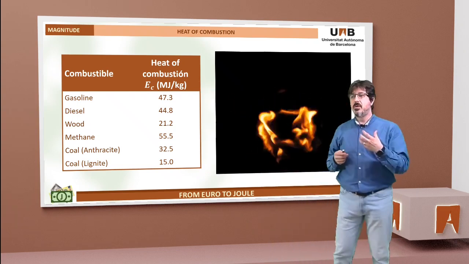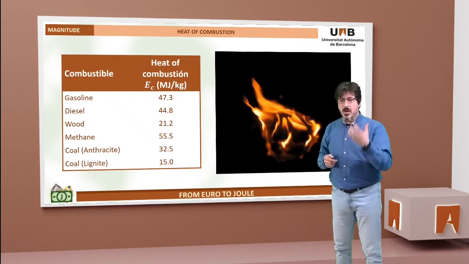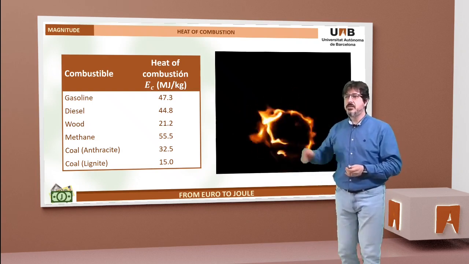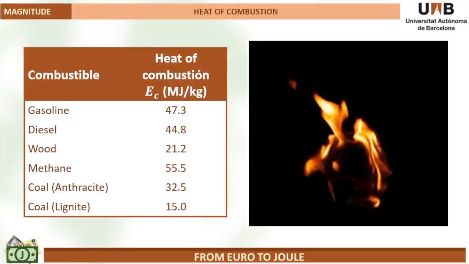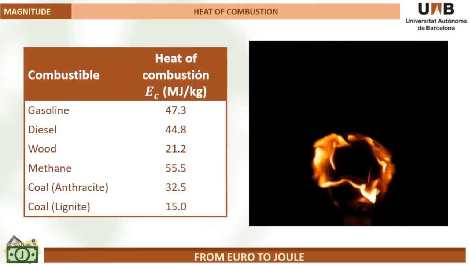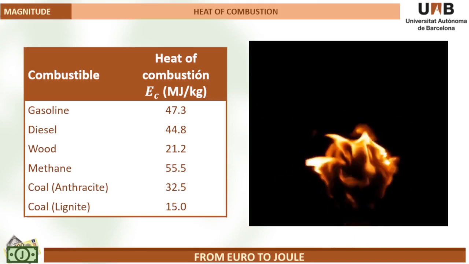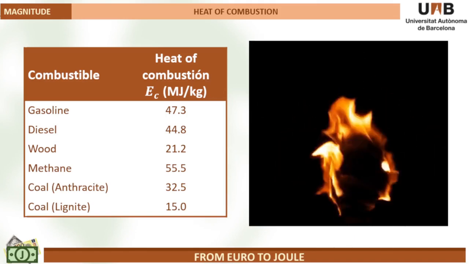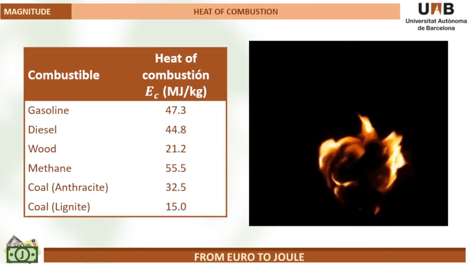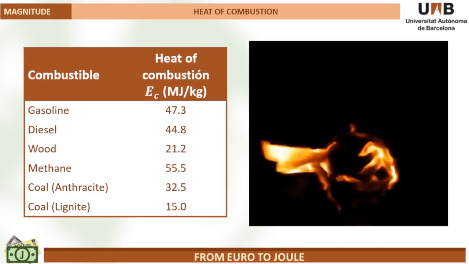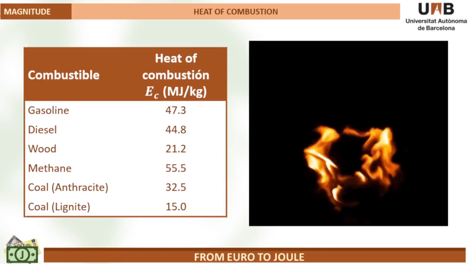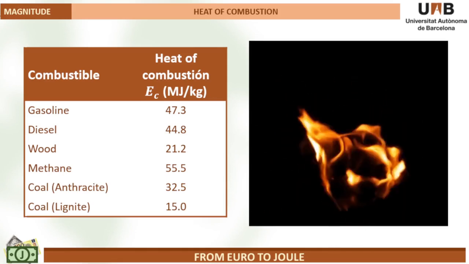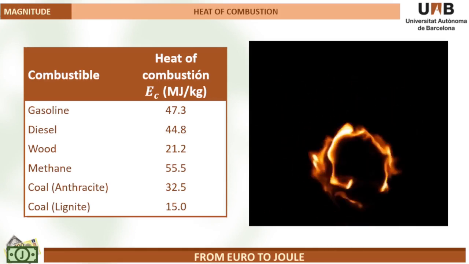So when we burn 1 kilogram of gasoline, we obtain 47.3 megajoules of energy. If we compare this with some kinds of coal, like for example lignite, we will see that gasoline is so high. Lignite only gives us 15 megajoules of energy. This is very low compared to gasoline.